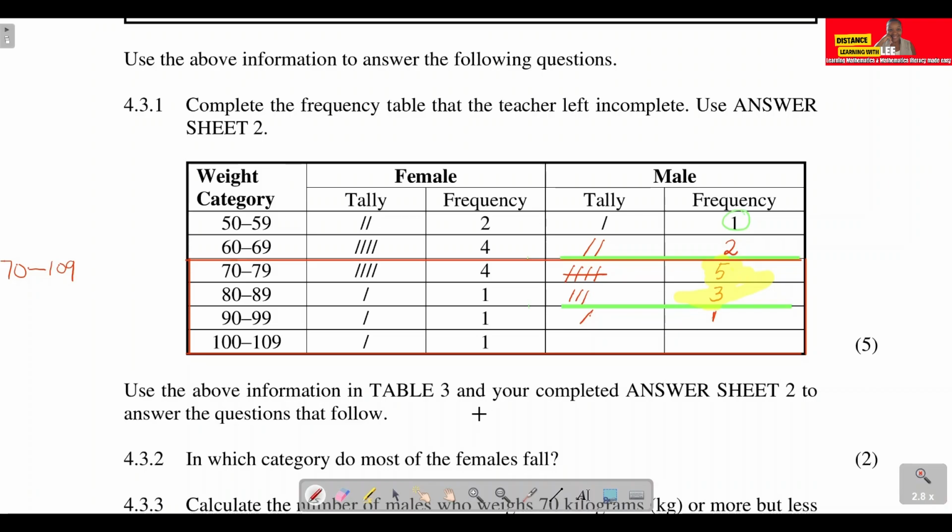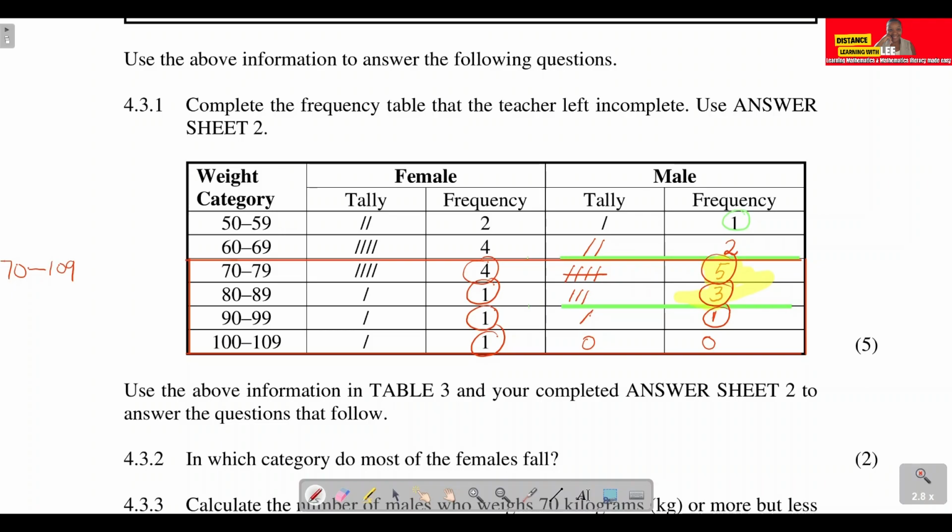Okay, so how many learners do we have? We've got 4 plus 1 plus 1 plus 1 plus 5 plus 3 plus 1. I actually forgot to show you that here it's just 0 and 0 because we didn't have any learners that weighed between the range of 100 to 109 for the males. Okay, so we are basically just going to count all these values, and that will help us determine our favorable outcomes.